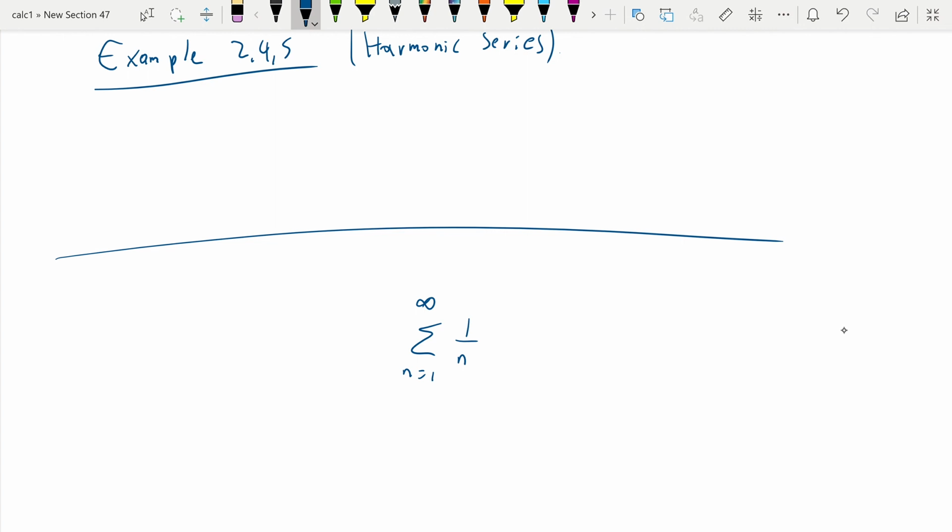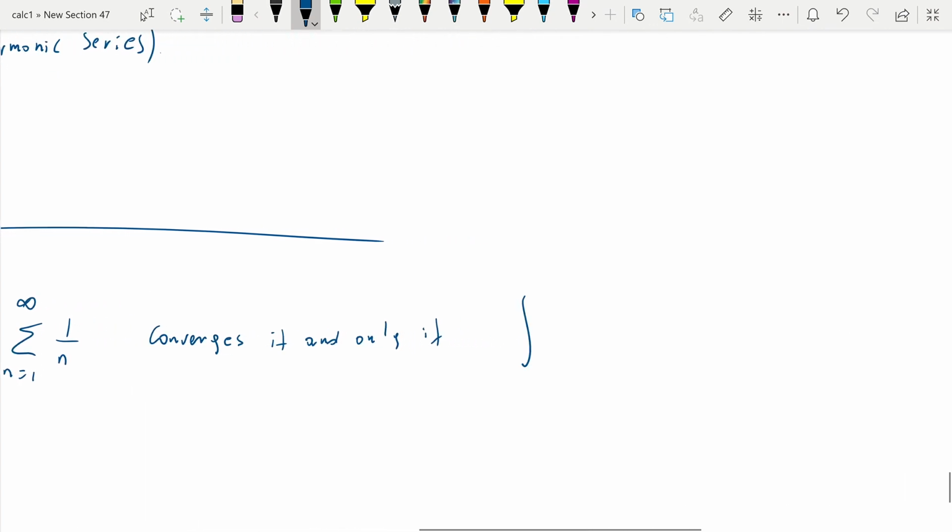This converges if and only if the integral of 1 over x from 1 to infinity is defined.